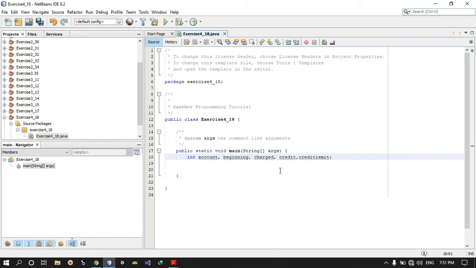So now we need this kind of class to get input these variables.